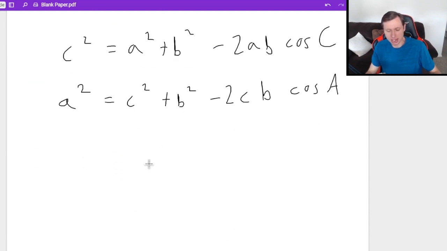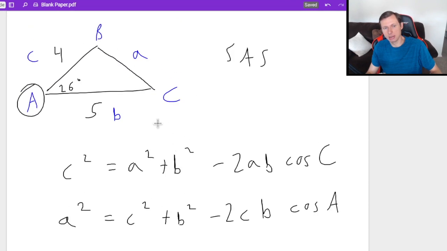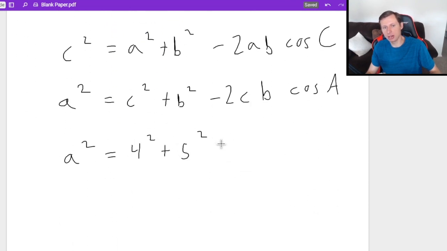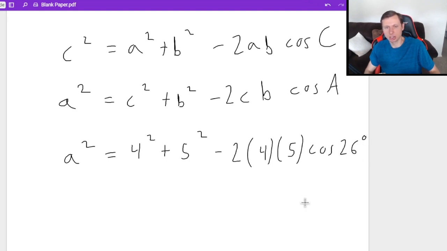So now what I'm saying is, side A is what I'm solving for. A squared equals C squared, which we said C was 4, so 4 squared, plus B is 5, so 5 squared, minus 2 times C, which is 4, times B, which is 5, times the cosine of my angle, which is 26 degrees.